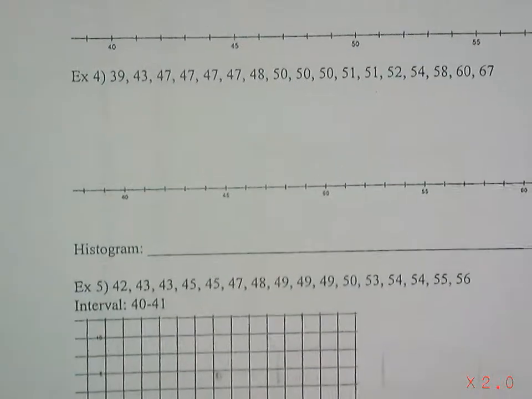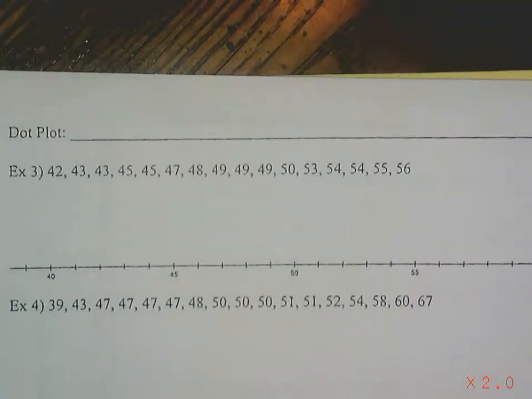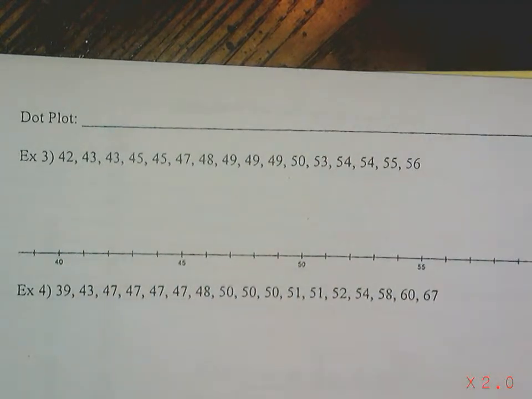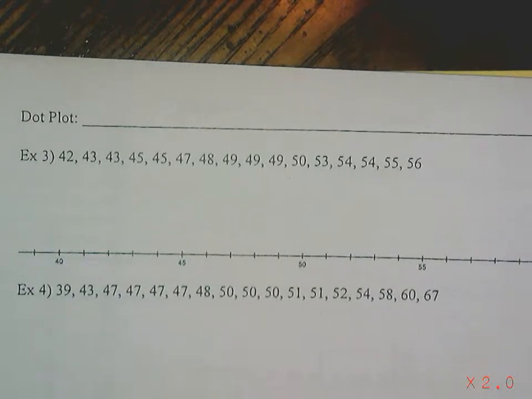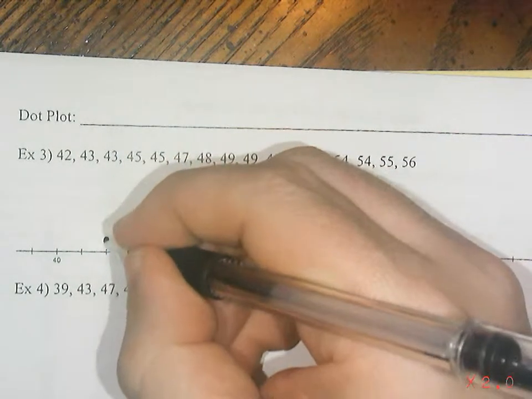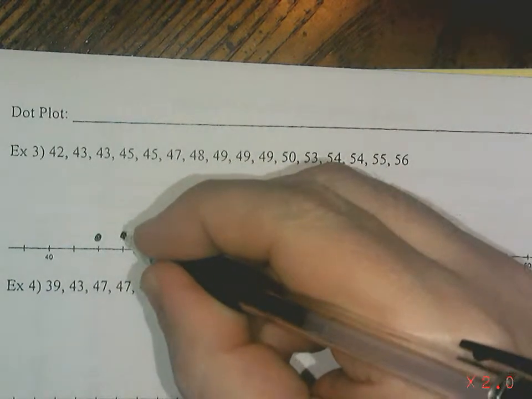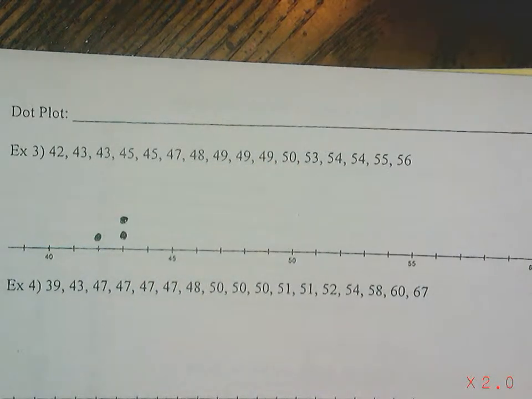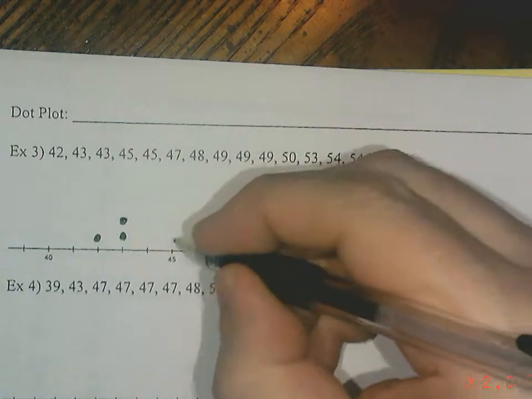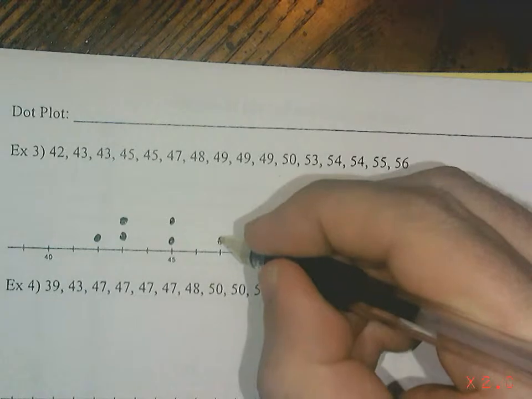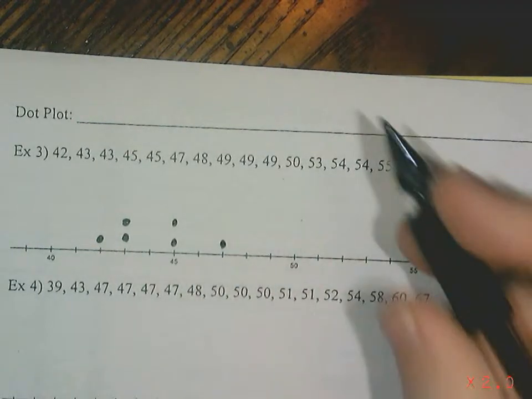So let's do a dot plot. Dot plot, again, you just put a point at each of these data points. So there's 1 42, so at 42, I put a point. There are two 43s. So 1, 2. There are two 45s. So 1, 2. 1 47. 3 49s.